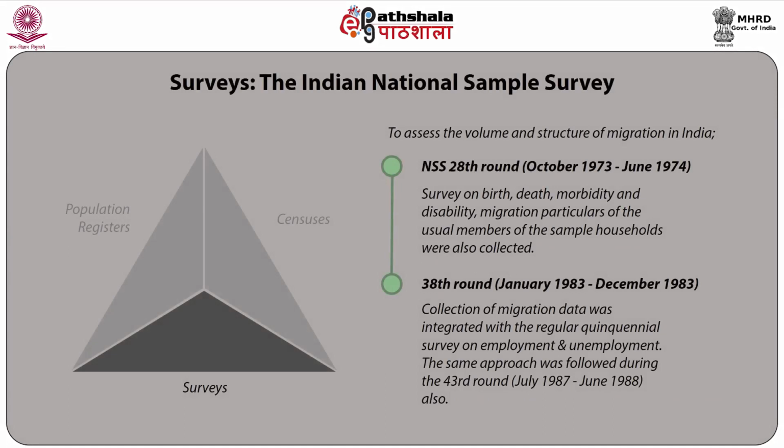In the 18th round, the survey on migration was conducted on a much larger scale. In the NSS 28th round, which was conducted in 1973-74, a survey on birth, death, morbidity and disability was carried out, and migration particulars of the usual members of the sample household were also collected.